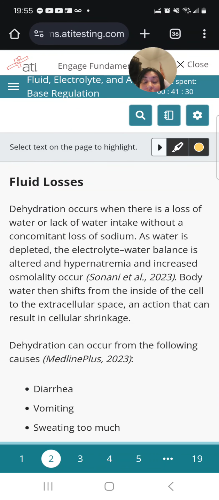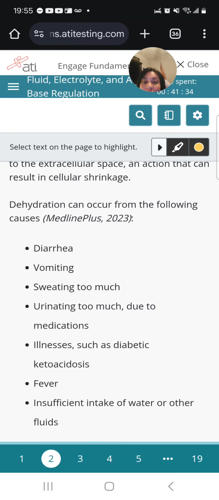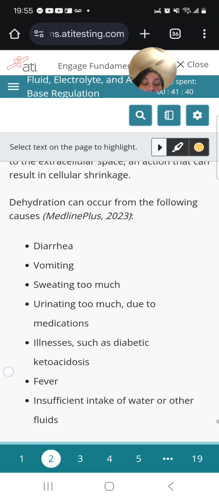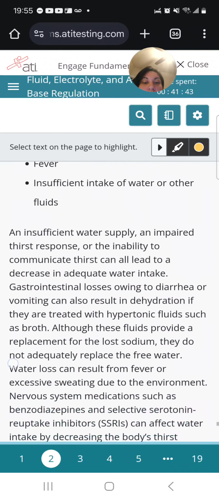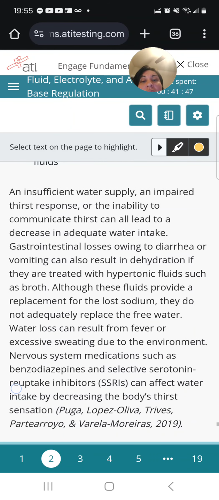Fluid losses, dehydration. You can get that from diarrhea, vomiting, sweating too much, urinating too much due to medications, illnesses such as diabetes, ketoacidosis, fever, and insufficient water supply or an impaired thirst response.